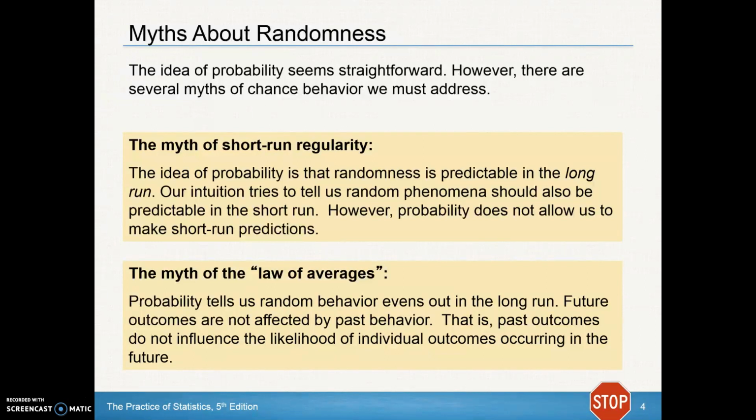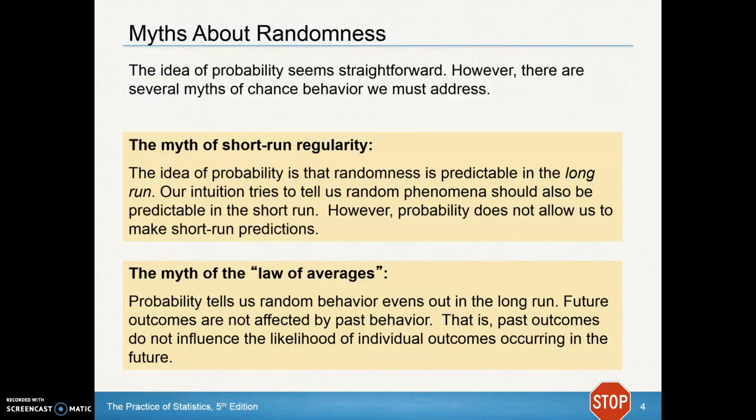Or for that matter, in sports, in a basketball game, there may be a 40% field goal shooter. They will make 4 out of 10 shots. So they're out there shooting, and they're missing 5, 6, 7 shots in a row.